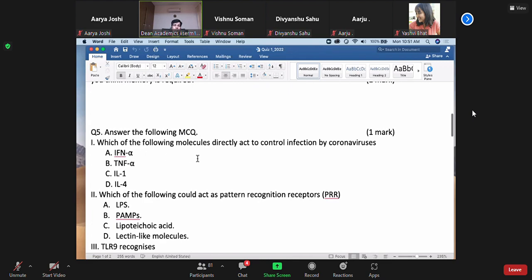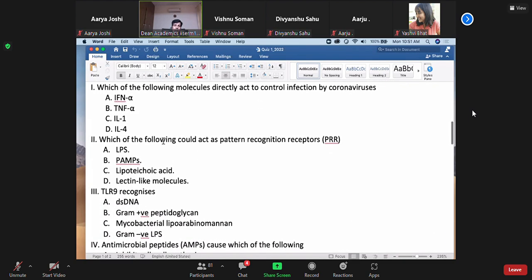Which of the following molecules directly act to control infection by coronaviruses? Interferon. Which of the following could act as PRR? The answer is lectin-like molecules. All these other things are PAMPs: lipoteichoic acid, LPS, and so on.